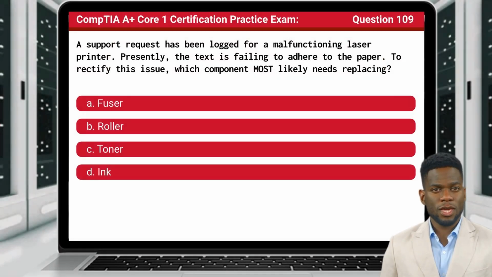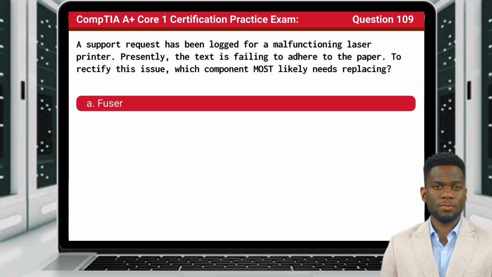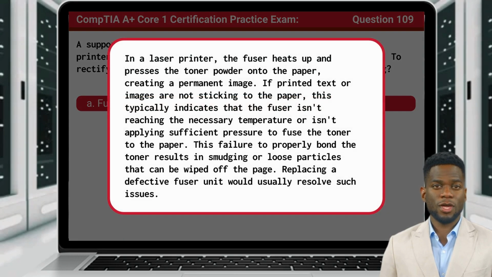Question 109. A support request has been logged for a malfunctioning laser printer. Presently, the text is failing to adhere to the paper. To rectify this issue, which component most likely needs replacing? The answer is A. Fuser. In a laser printer, the fuser heats up and presses the toner powder onto the paper, creating a permanent image.